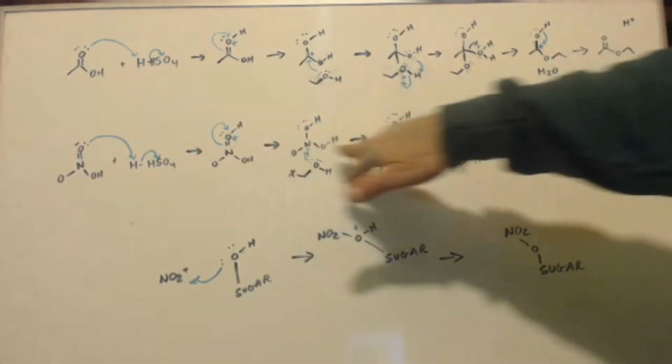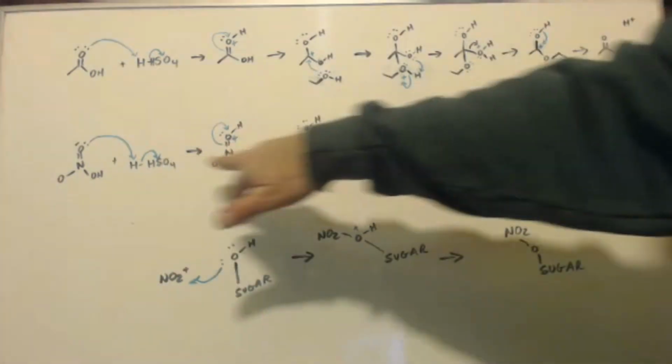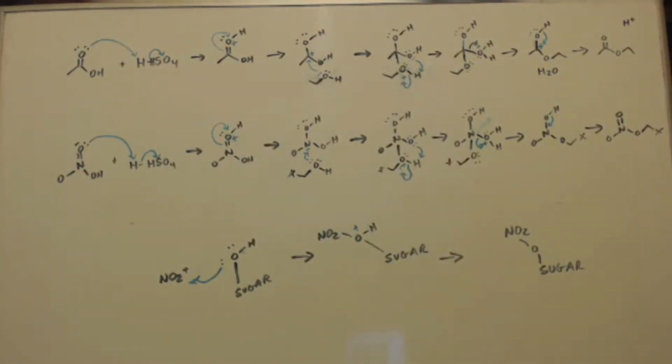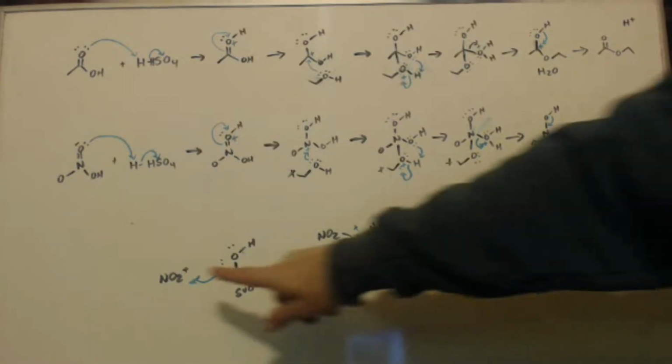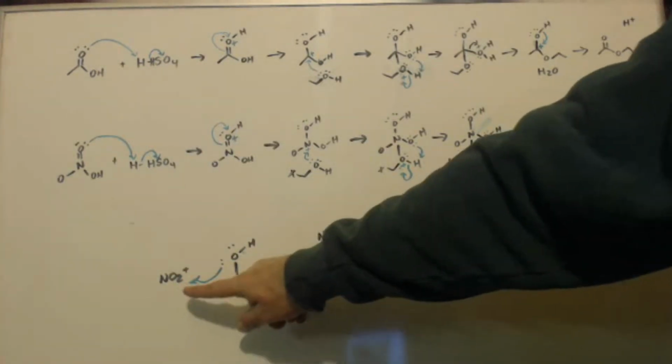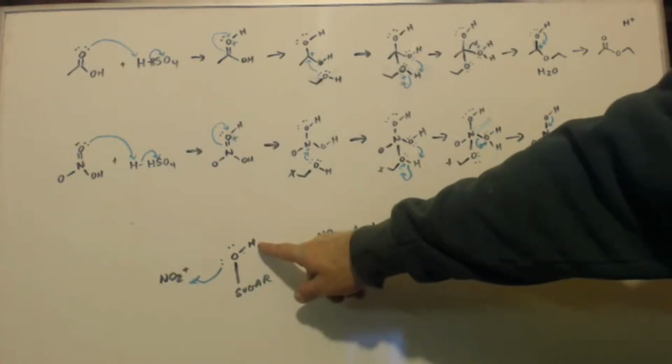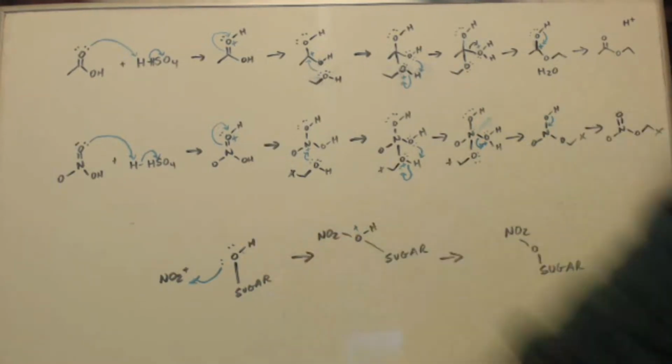But I do not think this is the mechanism, because I don't see any nitronium ion. I think what happens is it's more like this down here. We have your nitronium ion. It basically comes in and replaces the hydrogen, the proton, on there.